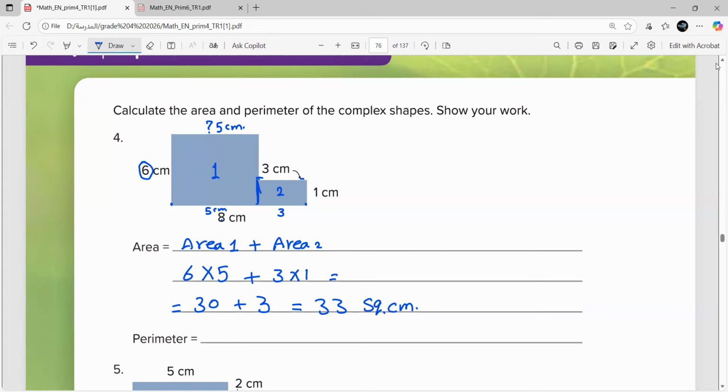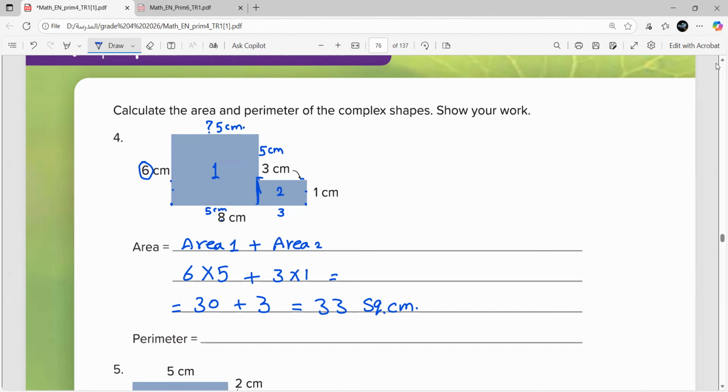This is 1. What about this? This is the rest of 6. So this is 6. And this part only here is 1 centimeter, same as this. So this is 1 centimeter, and this is the rest of 6, which is 5. So this is 5 centimeter.